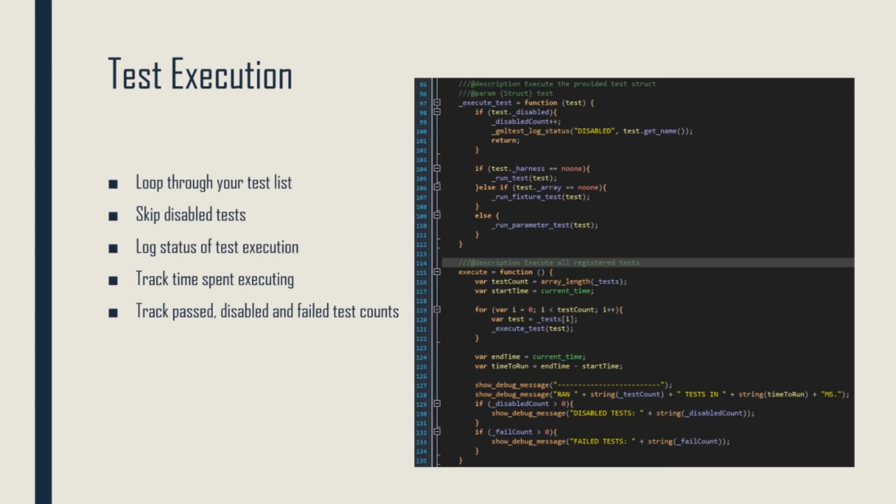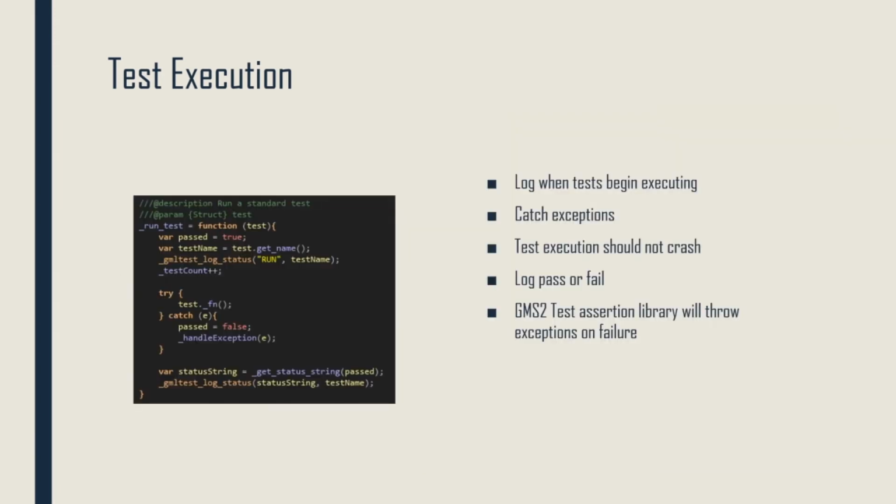That's basically what a manager does. When it comes to actually executing the given test, for a basic test, it really just needs to log when it's begun. It needs to run the test function, make sure to catch any exception that happens, and make sure it doesn't crash, and log if it's passed or failed.